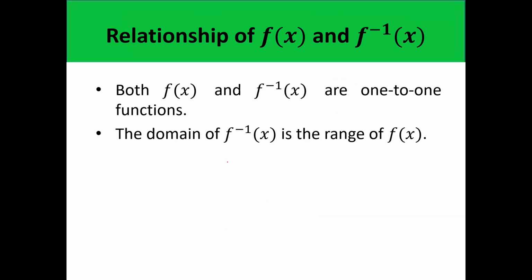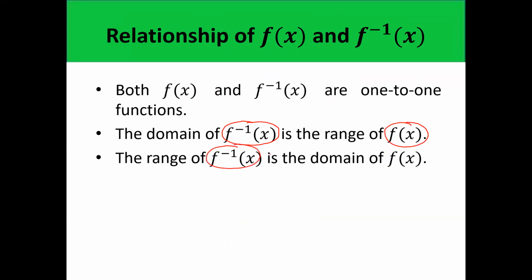Second, the domain of the inverse is the range of the function f of x, and the range of the inverse is the domain of the function f of x. This is explained by the fact that in finding the inverse function, we interchange x and y. So the x from the function f will become the y in the inverse, and the y in the function f will become the x in the inverse.